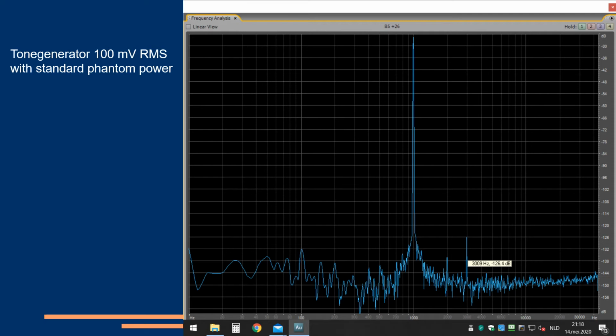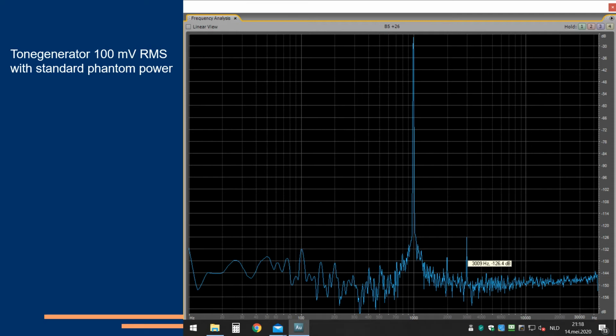This is a frequency scan of the output of a microphone at 100 millivolts, and you see the signal at 1000 Hertz in the middle is the big spike, and then at 2000 there's a little distortion. At 3000 there is an even stronger distortion.